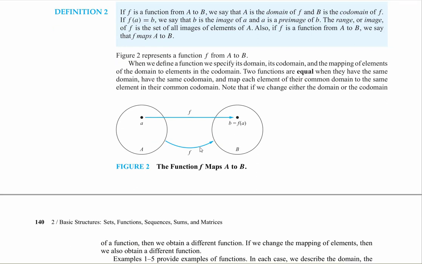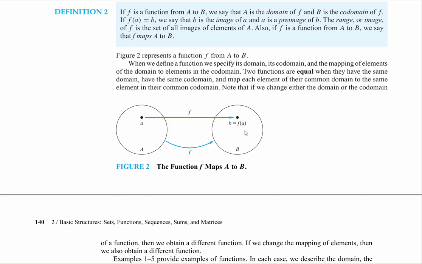So here's the general picture. A function f sending elements in the domain A to the codomain B. Functions are also called maps. So instead of saying they're sending, you can say they're mapping.